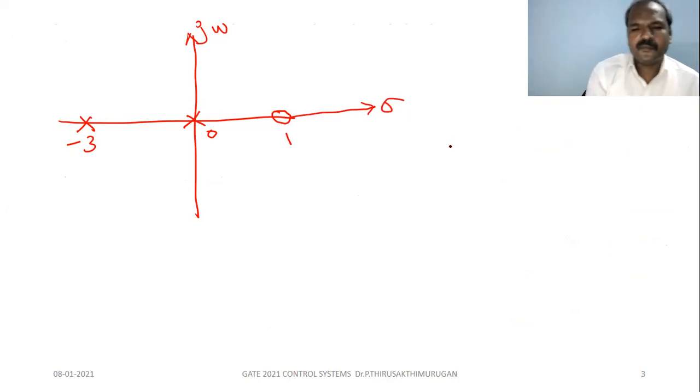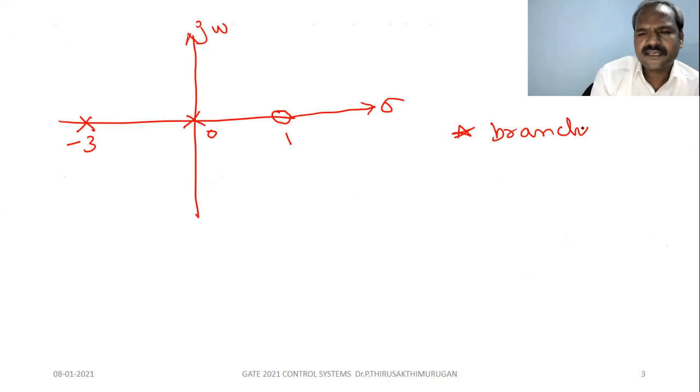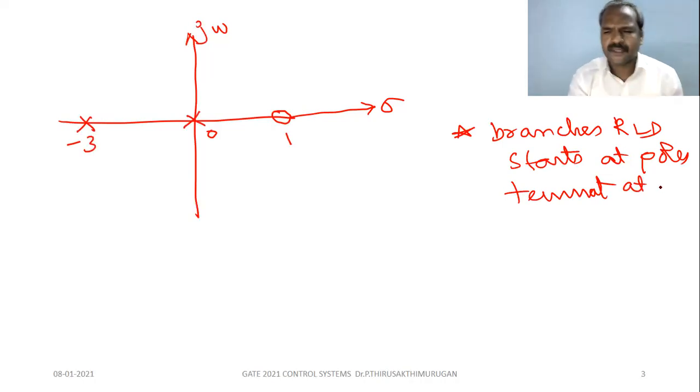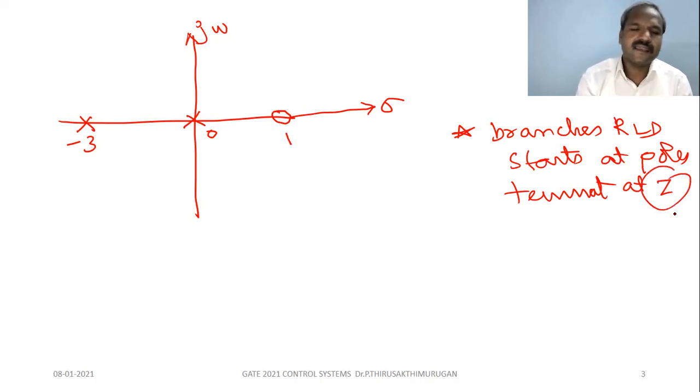Please remember the first point: branches of the RLD start at poles and terminate at either a finite zero or at infinity.